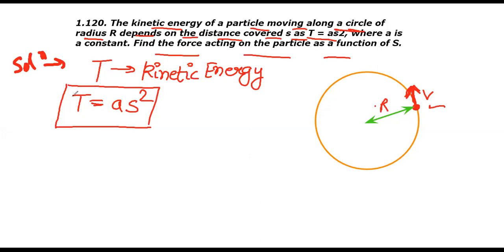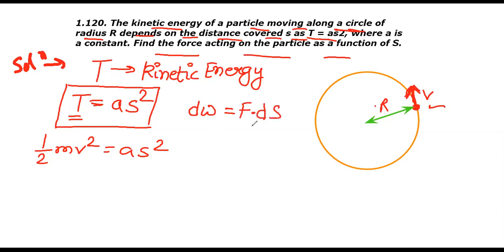T is kinetic energy, so we will write it as half m v square. We know that work done is equal to force dot ds, for tangential cases, which is equal to the change in kinetic energy.